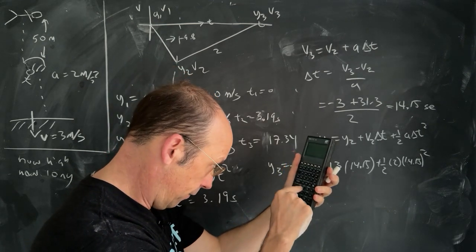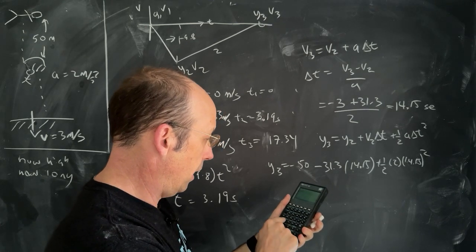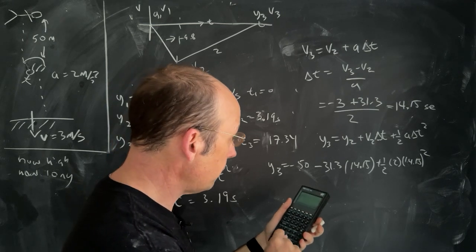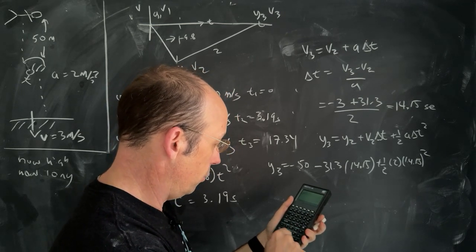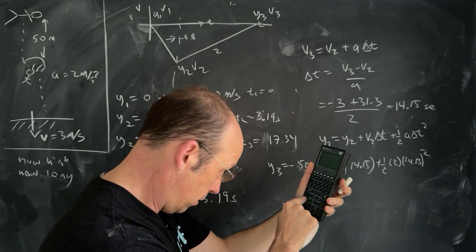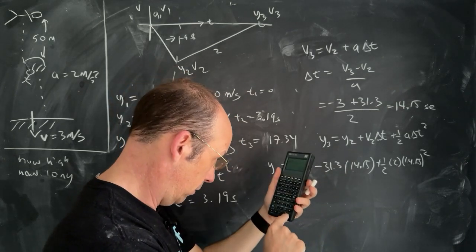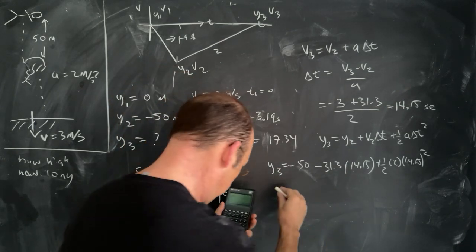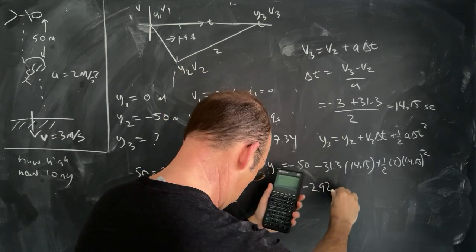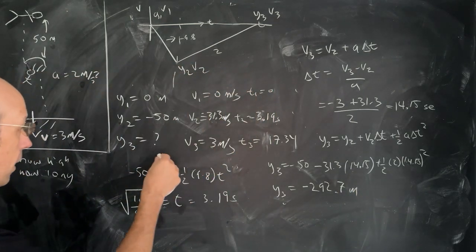Negative 50, enter, negative 31.3, enter, 14.15 times, minus 0.5 times 2 times 14.15 squared, and then that's going to be plus. Yep, and I get negative 292.7 meters. And so that's this final position right here.